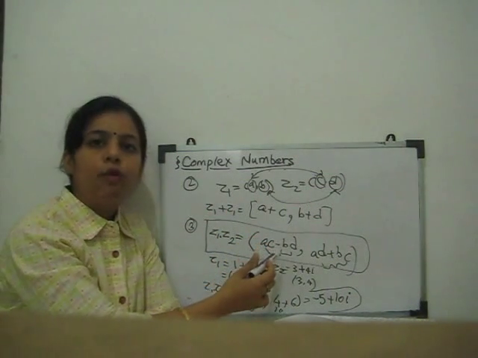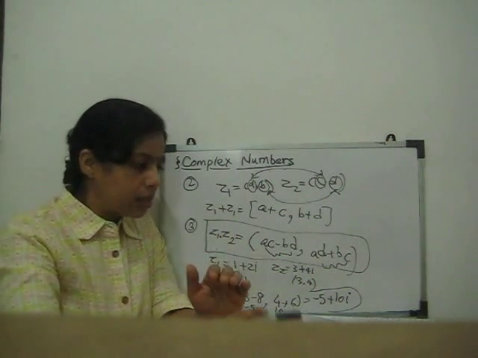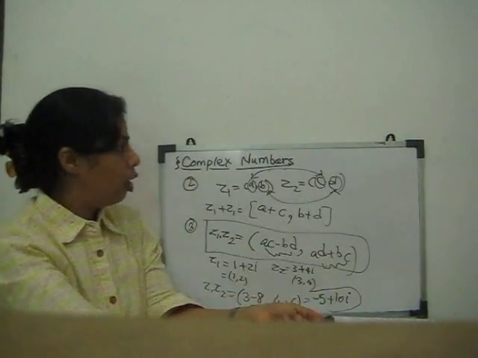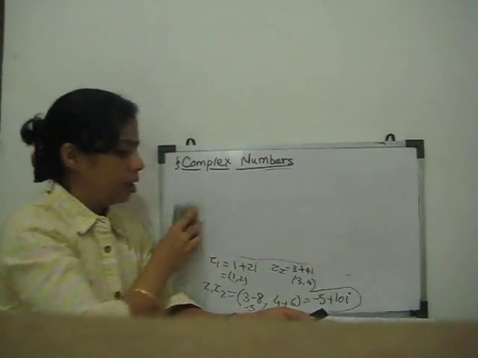So multiplication always follows this rule. Then in complex numbers we talk about this iota. So what is this iota?